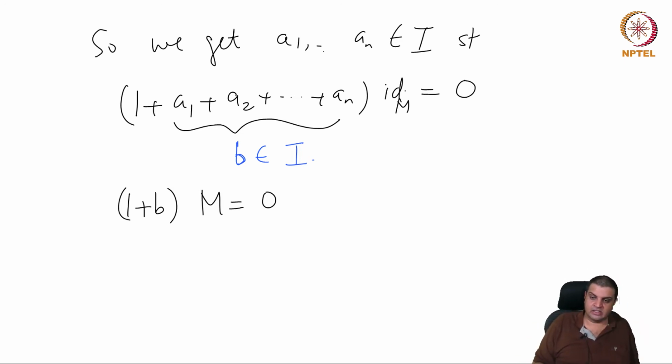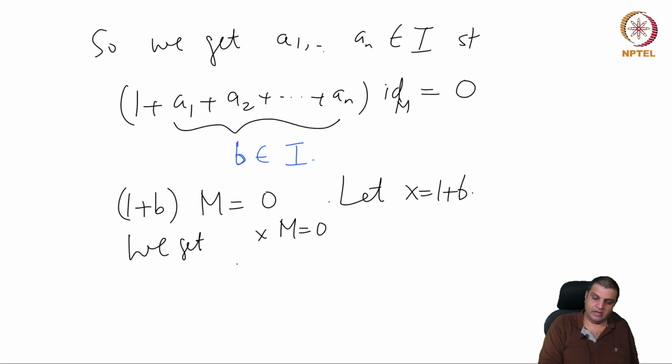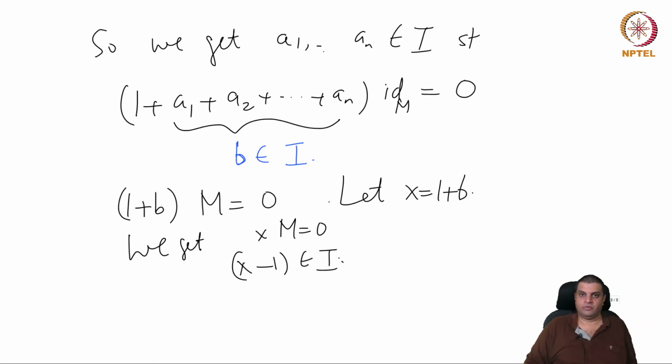Let's define x to be 1 plus B. Therefore we get xM is equal to 0 and x minus 1 is inside I. So this is what we are asserting.